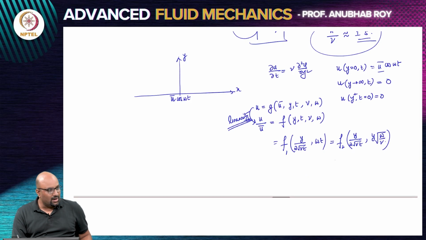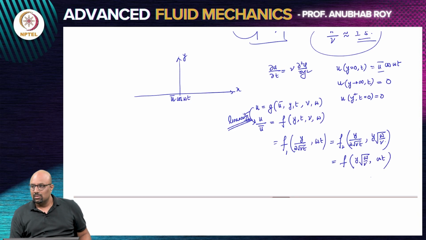You can see their linear combination, or you can write it as y root omega by nu and omega t. You can do all of these combinations. They are not any different. Finally, there are only 3 non-dimensional quantities in the problem.